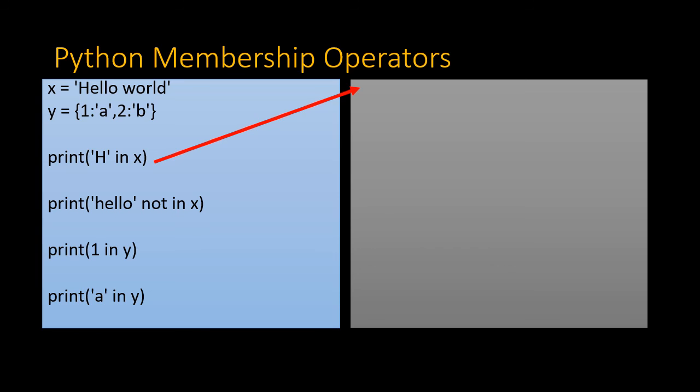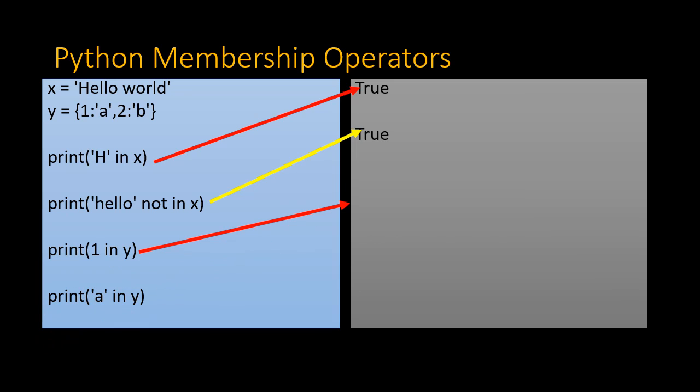The capital H is present in x, so it returns true. And hello starts with a small letter.